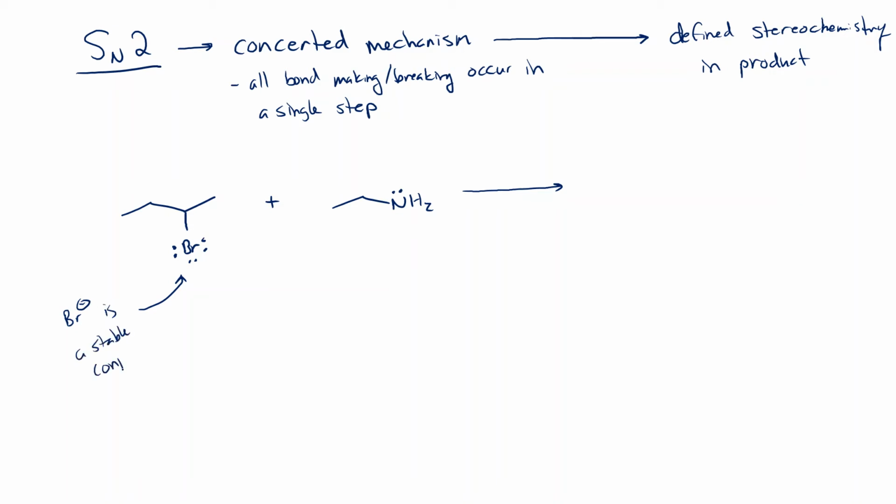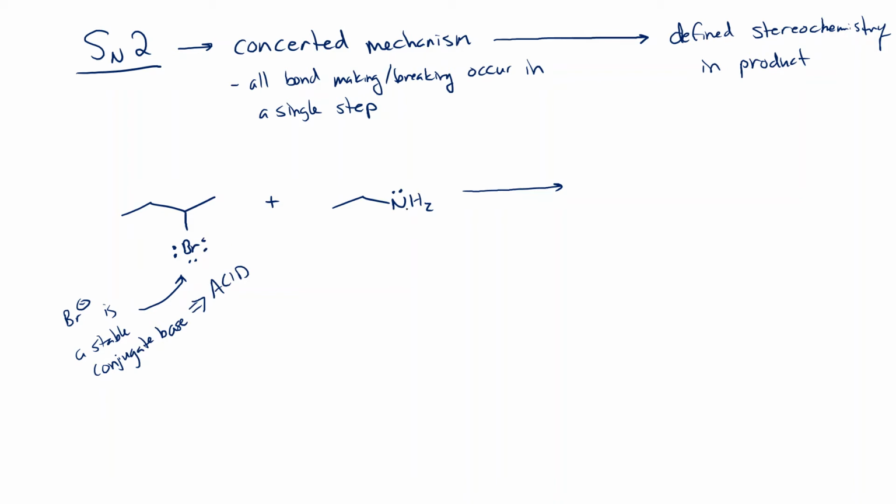And of course, that comes from the periodic table trends. And so that means that this carbon-bromine bond is probably more likely to react as an acid. We have a nice stable conjugate base there.